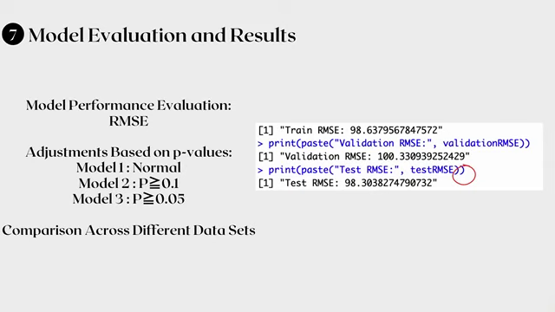Performance across multiple datasets. The reason for this is to measure the model's predictive ability on various datasets, including training, validation, and test sets, ensuring robustness. So, I used the test set because the number 98.30 is the most accurate.